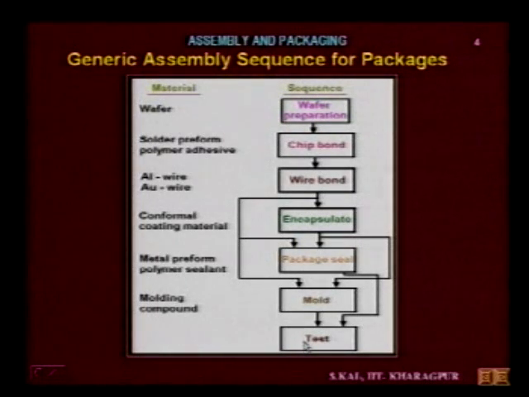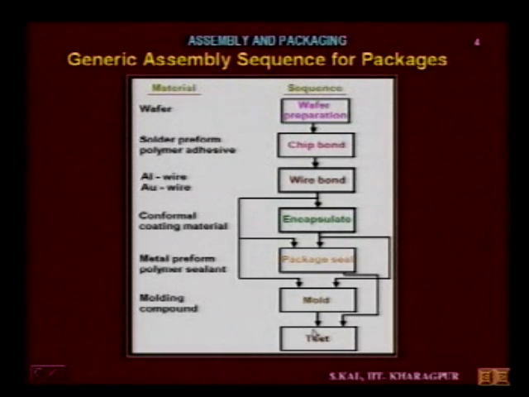In some cases, directly after wire bond, we can seal using certain packages, direct sealing without giving the upper cover or encapsulation. And in some cases, after encapsulation, it is directly molded. Some of the chips directly after wire bonding are also molded. So different techniques are available for giving the final shape of the chip.